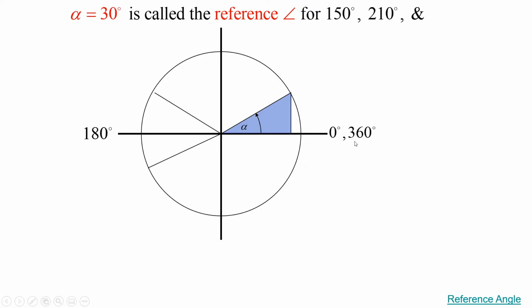All right, and take 360 degrees minus 30 degrees. You get that angle right there. And that positive angle would be 330 degrees. So if I know sine and cosine of 30 degrees, I know sine and cosine of 150 degrees, 210 degrees, and 330 degrees. And that is because of this.